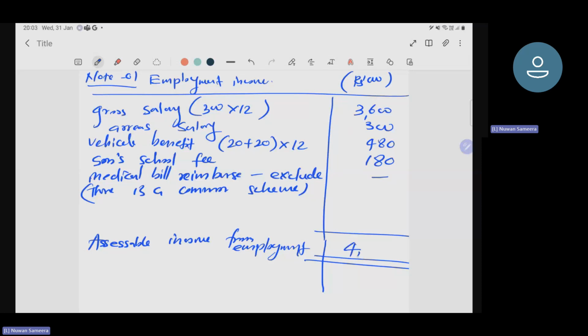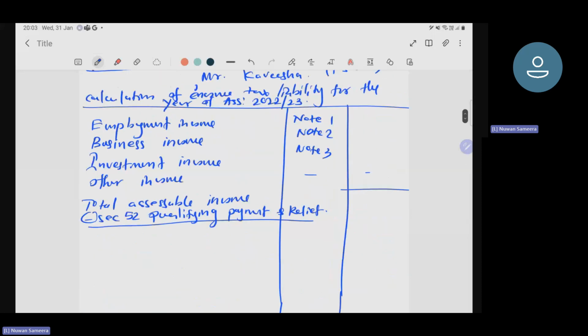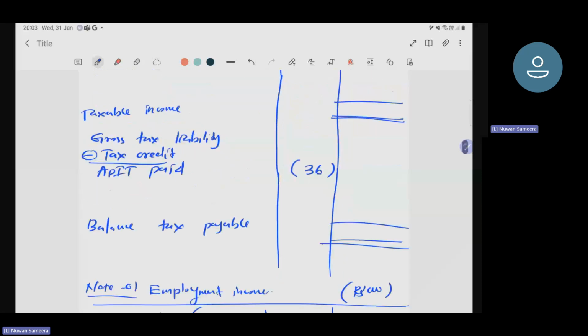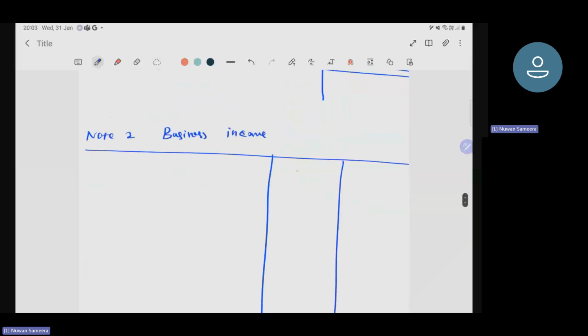Of 4,560. That 4,560 should be the employment income. So then we can discuss the business income. So this is the structure.